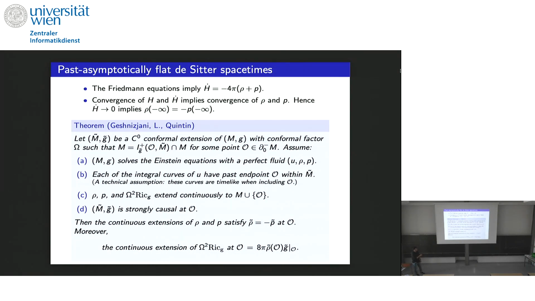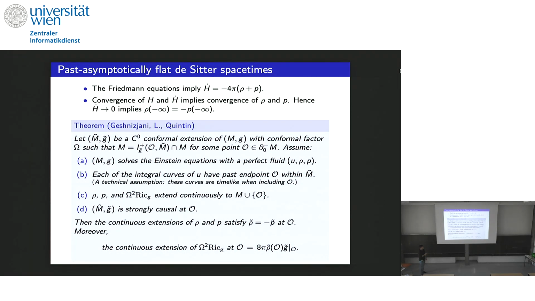Each of the integral curves of U has past endpoint O, and they're timelike, rho, p, and now instead of Ricci extending continuously, you need to assume omega squared Ricci extends continuously. This is kind of interesting because Ricci won't extend continuously, but omega squared Ricci does. And for the cases of the past asymptotically de Sitter spacetimes, we saw that this was a reasonable assumption.